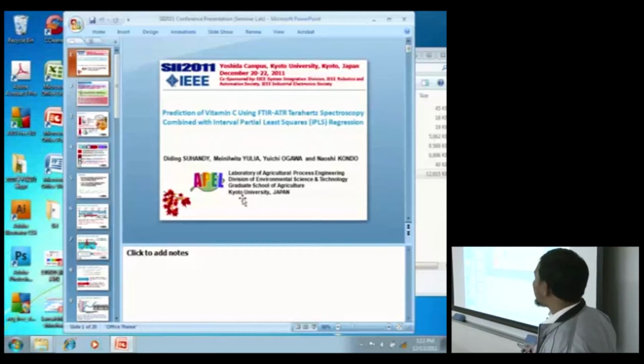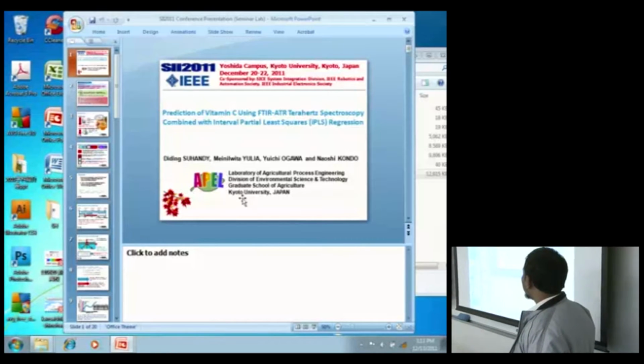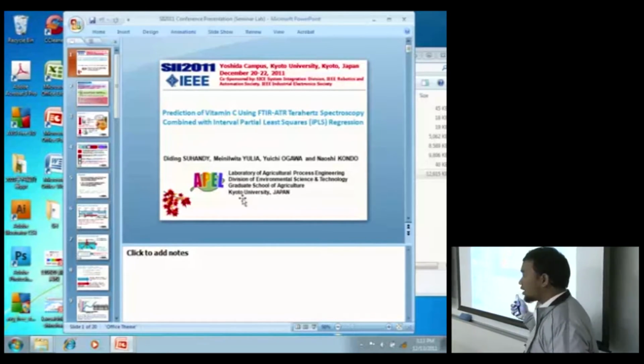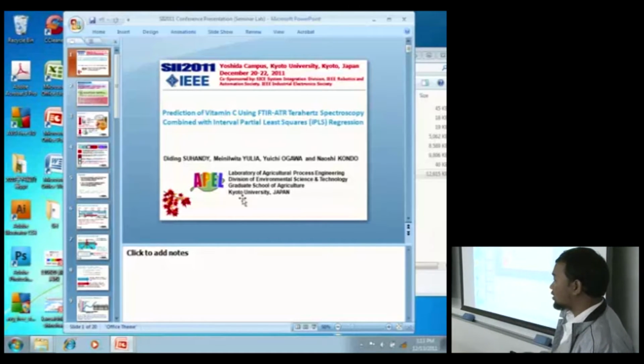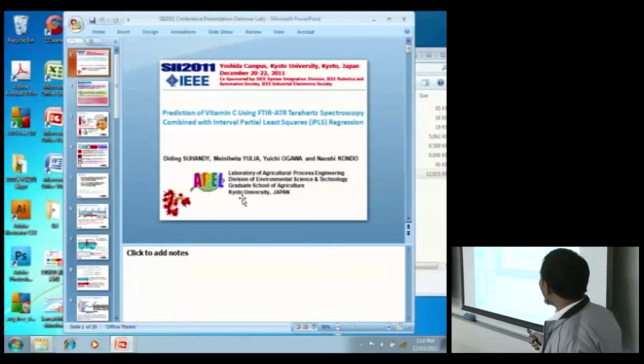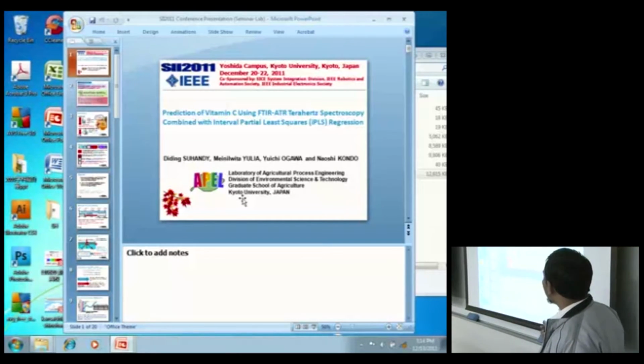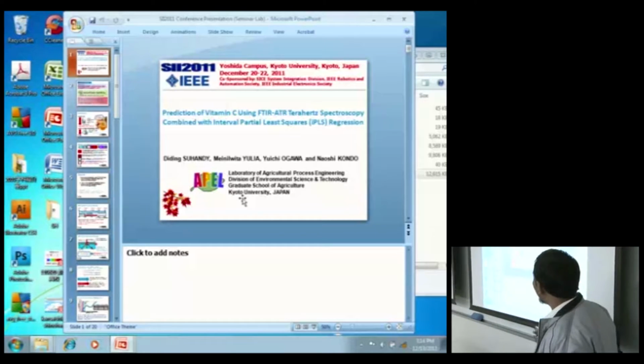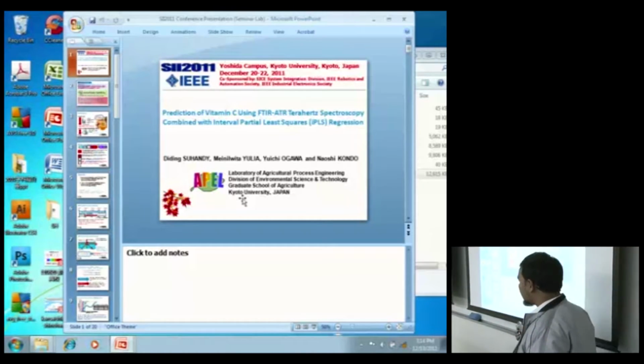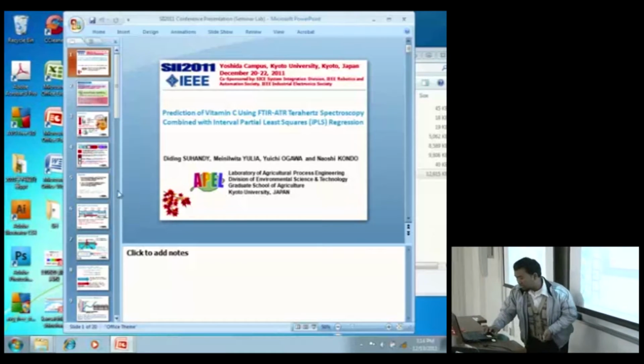But in the modeling, we just use the data to see which part is important, and by using IPLS we can show that yes, the low frequency is better.